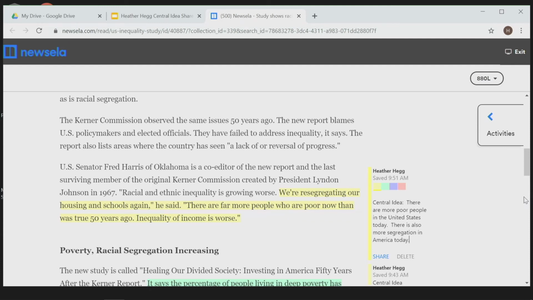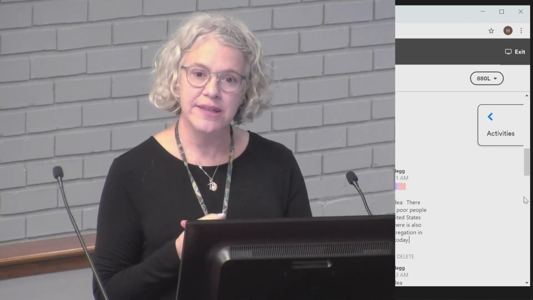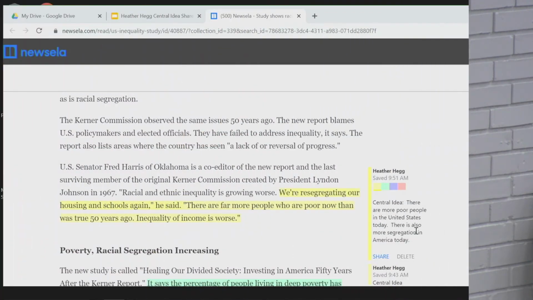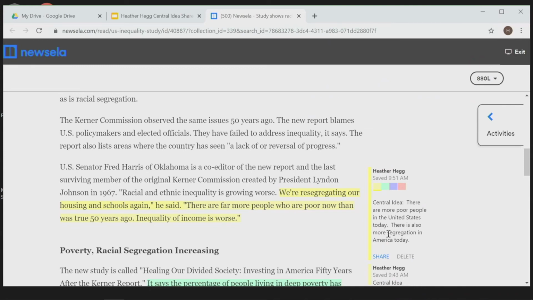I think that's important. So there we go. Here's our central idea of this passage. There are more poor people in the United States. There is also more segregation in America today.